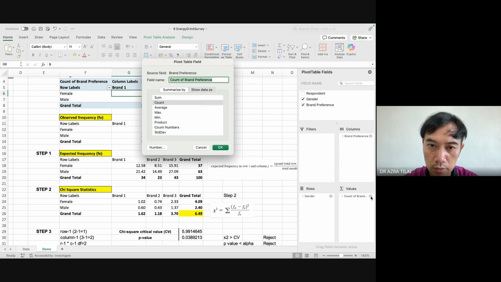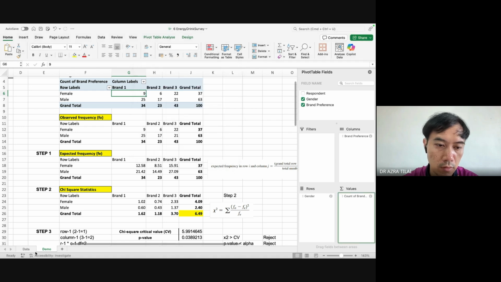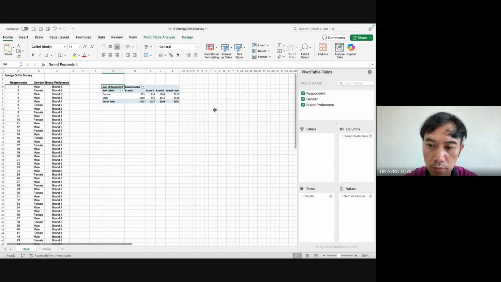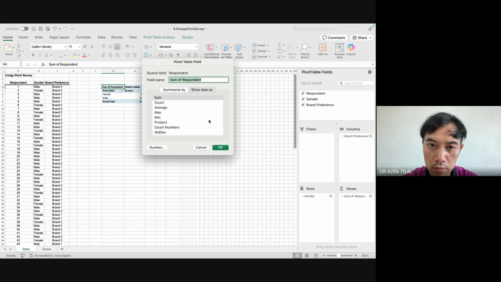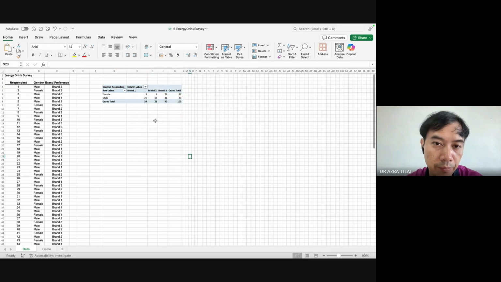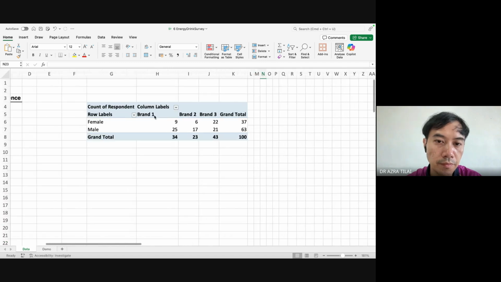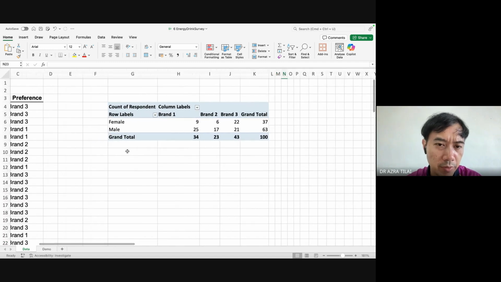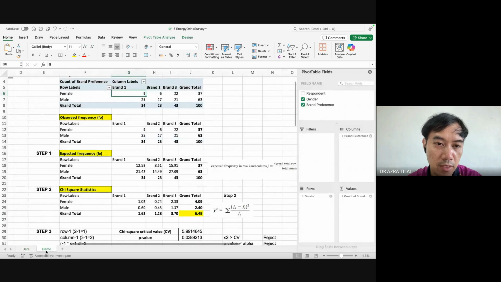What do they use? Count. So we go here and then count. This one is sum, count. Now we have the same pivot table like the one that is done in the demo. So we want to observe the frequency.